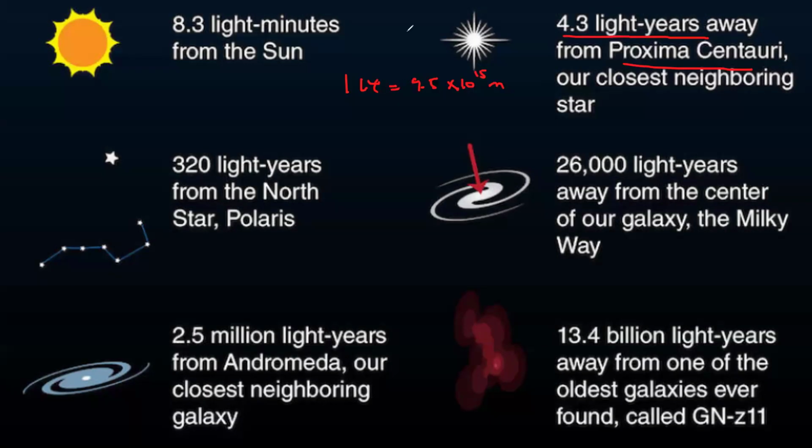So how much distance is it from us in meters? 1 light year is equal to 9.5 exponent 15 meters. So if I want 4.3 light years, the distance will be x. We just cross multiply. So 4.3 multiplied by 9.5 exponent 15. What's the answer?